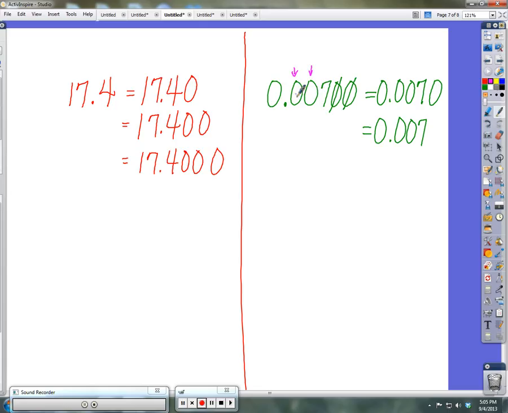Well, these zeros are not at the very end of the number. If you have zeros in between the decimal point and another digit, you cannot remove those. Those have to stay the same. Remember, it's only at the very end of the number where you can either take the zeros off or add more zeros.